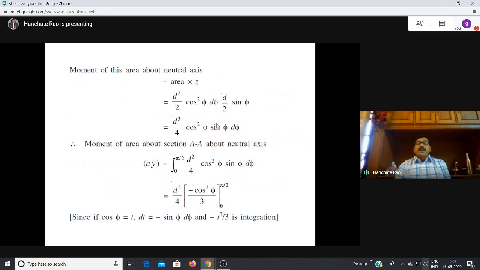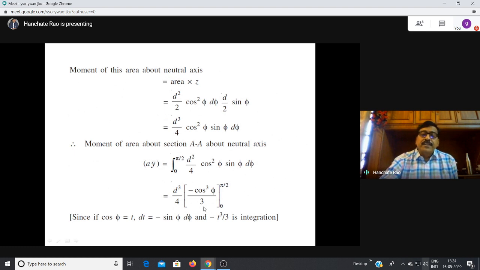This is the AY bar of the small strip. But we want the moment of area completely above the section AA about the neutral axis. So we have to integrate this small delta AY bar to get the total AY bar. So the integral from theta to pi by 2 of d cubed by 4 cos square phi sin phi d phi.